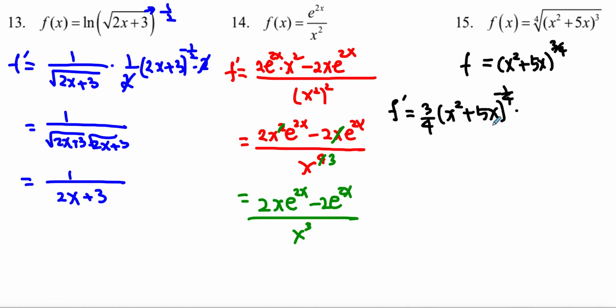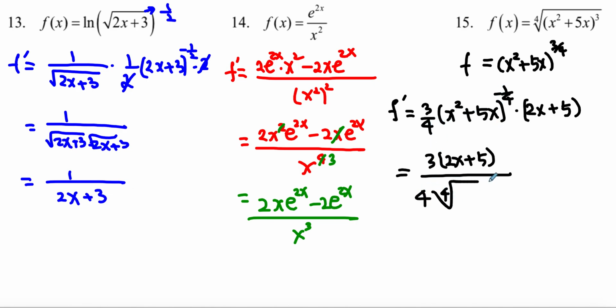Multiply that by the derivative of the inside, which is 2x plus 5. Then if I rewrite this and clean it up a little bit, I'll be getting 3 times 2x plus 5 on top, and on the denominator we have 4 from here, and the 4th root of x squared plus 5x. Right, that becomes our final answer.